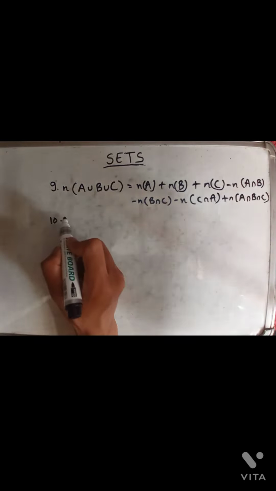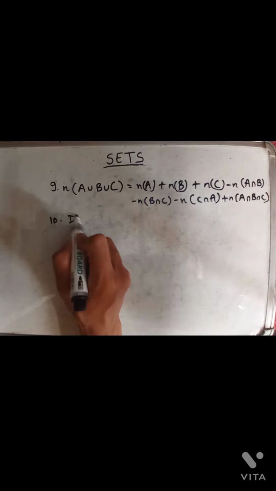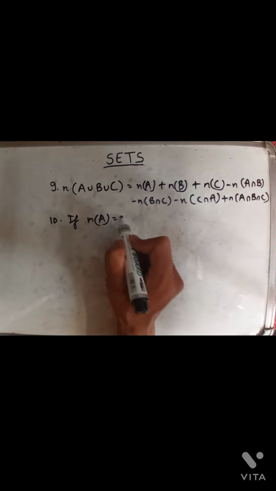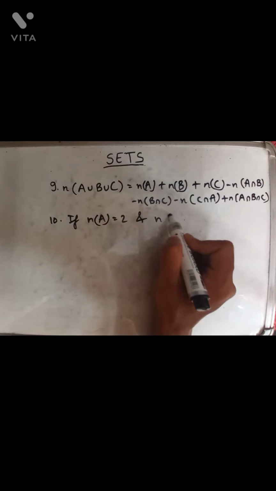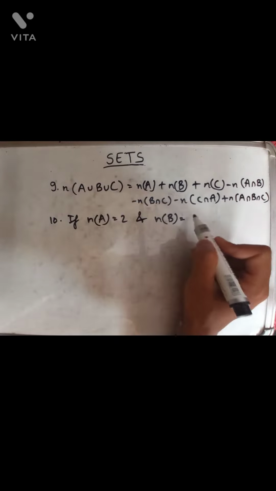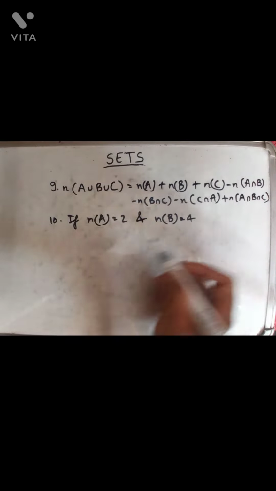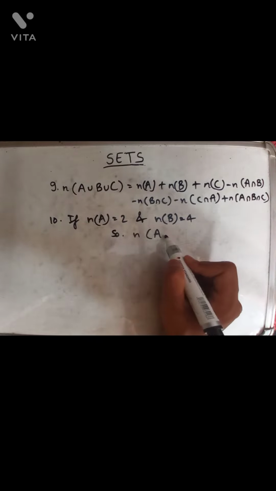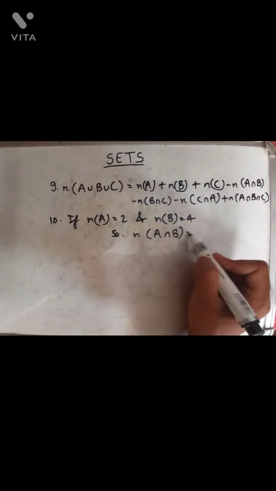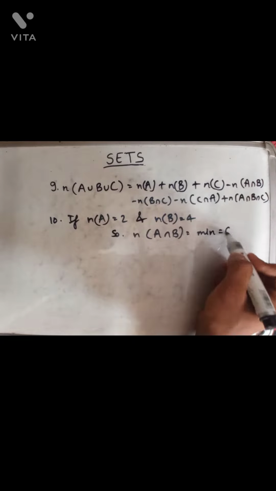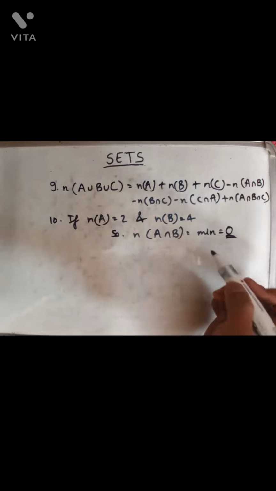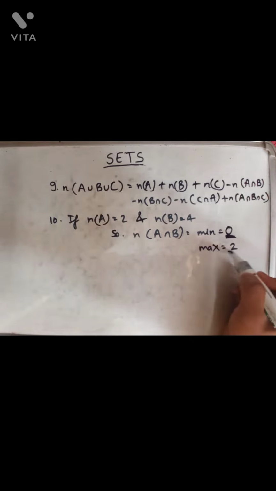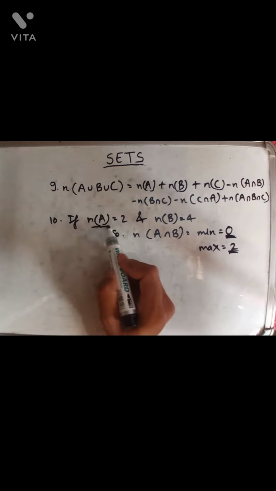The 10th thing is, if you are given that the number of elements in A is equal to 2 and the number of elements in B is equal to 4, then the number of elements in A intersection B minimum will be equal to 0, because they may have no element in common, and the maximum elements in common will be 2, because the smaller number here is 2.